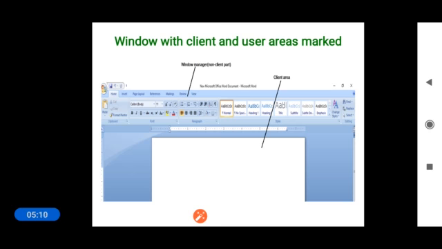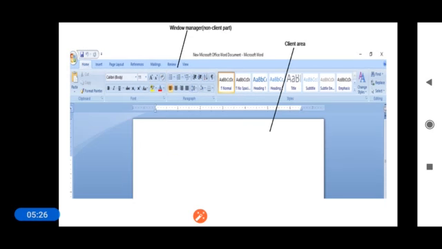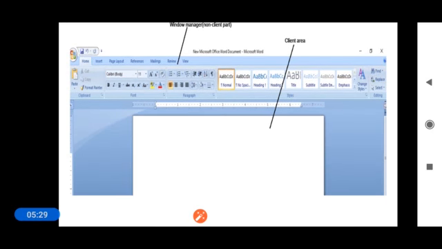You are able to see the Word file, and whatever part of the window is available for the user to perform some task, that region is called the client area. Here, if you observe this page screen, the user can perform some editing. That region is called the client area, and the rest of the part that is used for deciding the look and feel of the client area or the entire window is nothing but the non-client part.